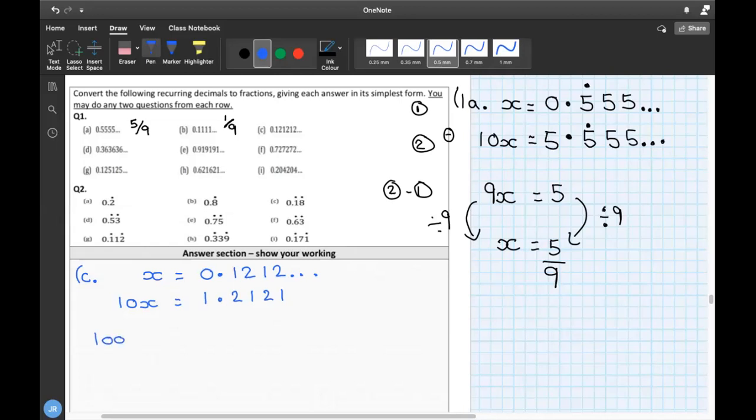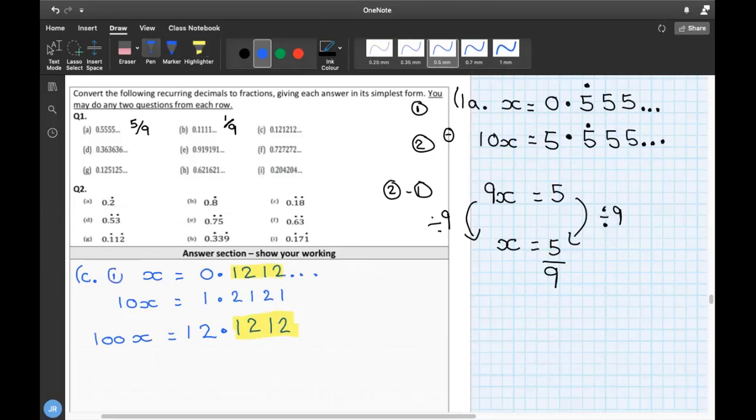Let's try 100x now. Well, 100x will be 12.1212. So this actually works. We now have the values after the decimal point matching up. So we're now ready to subtract our equations.